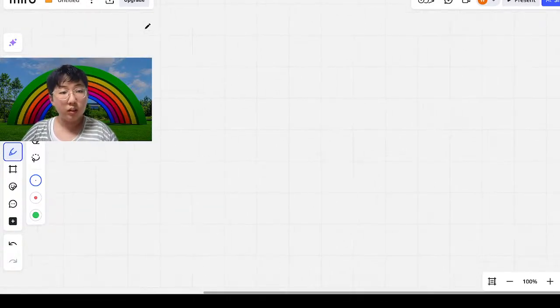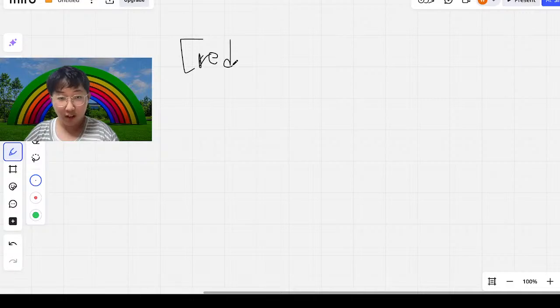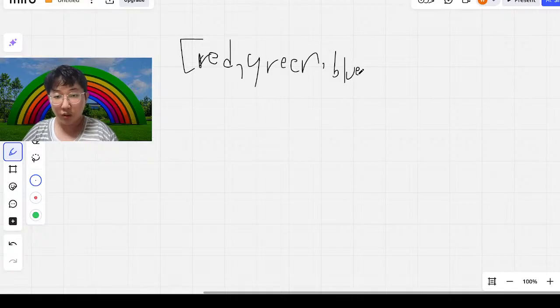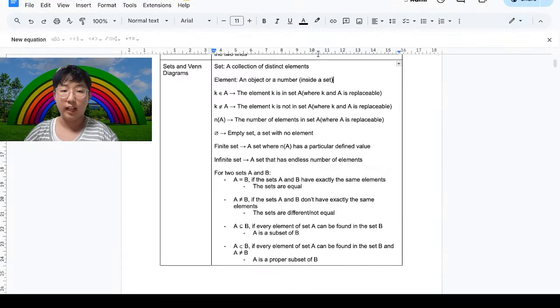So that's what a set means: a list, but without any repeated elements. And a set doesn't have to be mathematical. It could be something like red, green, blue. This could also be a set of colors. It's not mathematical, but it is a valid set.